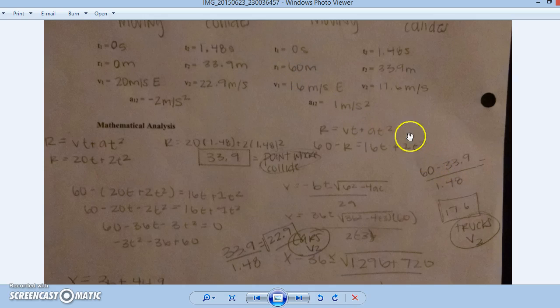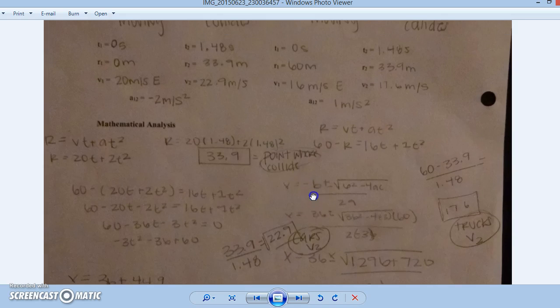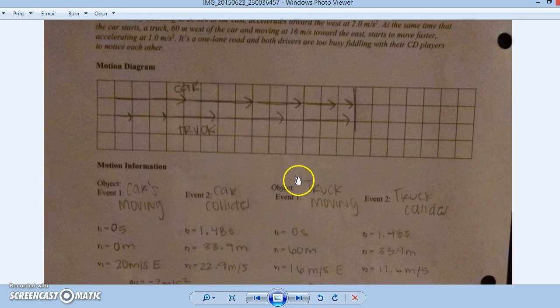It didn't start at 0, it started at 60, and then divide by the time, not subtract, because velocity is distance or rate divided by time. And there's the time. And that is how I got all of my kinematics. I'm sorry if that's kind of confusing.